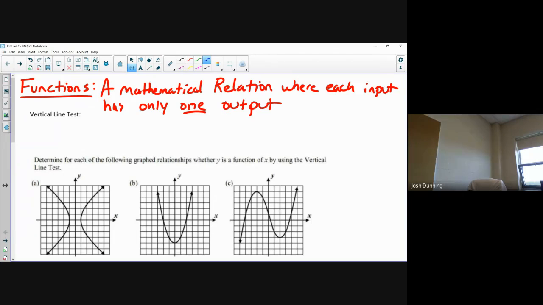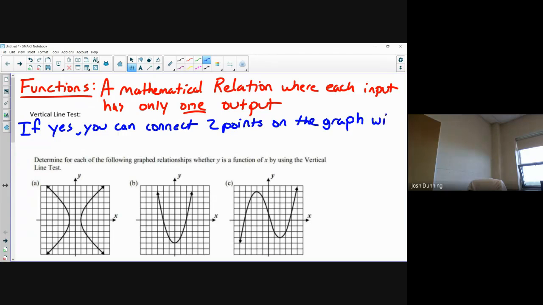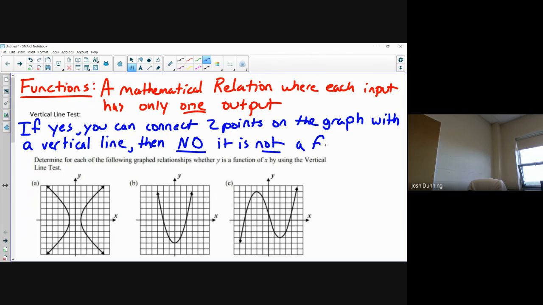And the way it works is, if yes, you can connect 2 points on the graph with a vertical line, then no, it is not a function.